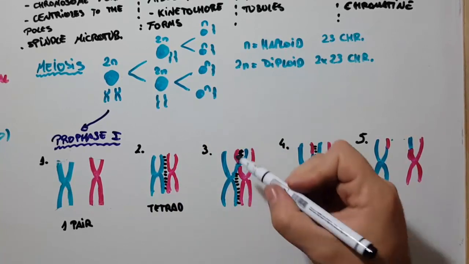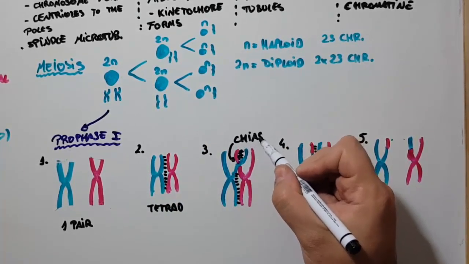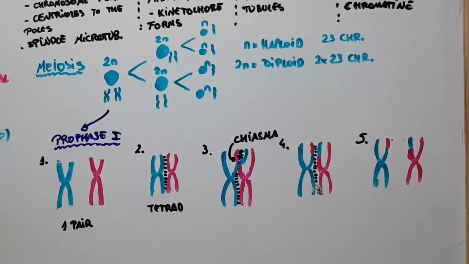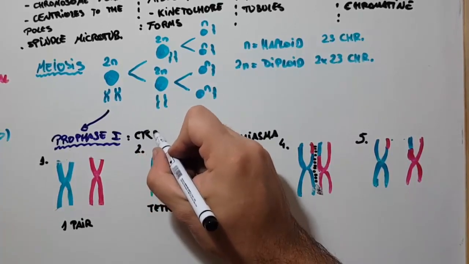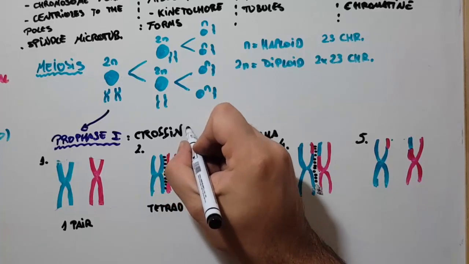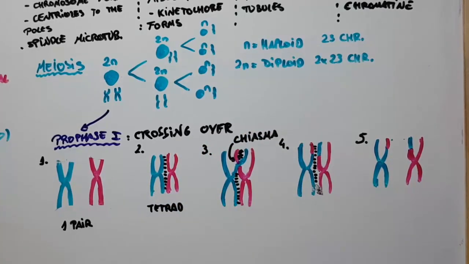A little bit of science. The actual point where they cross over is called the chiasma, and this process is called the crossing over. And that's how you get a mix of information in the new human being.